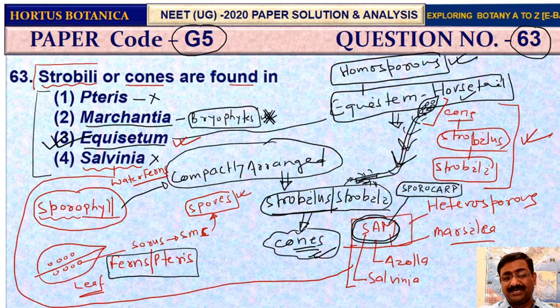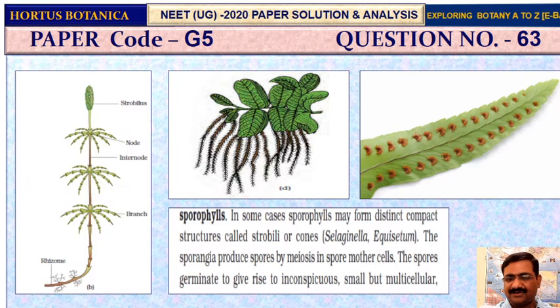But as I told you, this question is directly taken from your NCERT, right? So you must know from which line the question has been framed. Let's discuss the NCERT lines. See, this is your NCERT explanation. You all know this appears like a horsetail, so this is nothing but Equisetum.